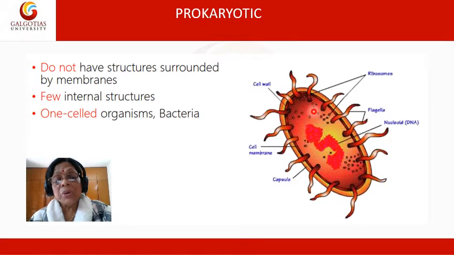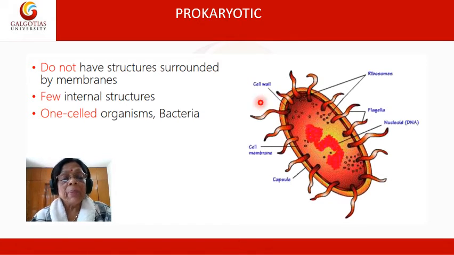They are not bounded by any membrane, and they have very few internal structures. Examples are all the one-celled organisms, such as bacteria; all these are prokaryotic cells.